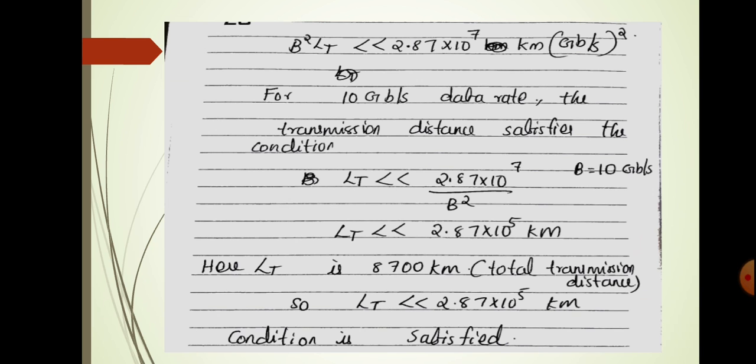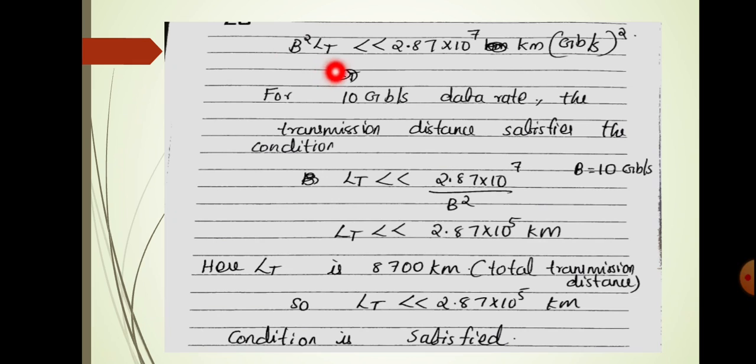So we will get B square LT will be very much less than 2.87 into 10 raised to 7 gigabits per second square. So for the 10 gigabits per second data rate, the transmission distance should satisfy the conditions. See here B is given in the question, that is B is 10 gigabits per second.